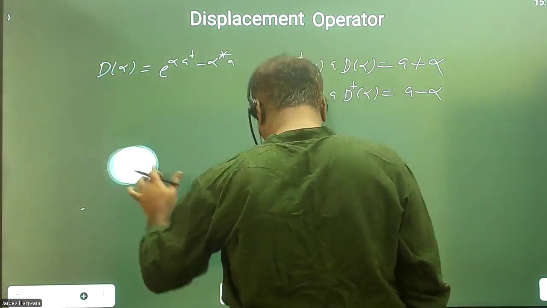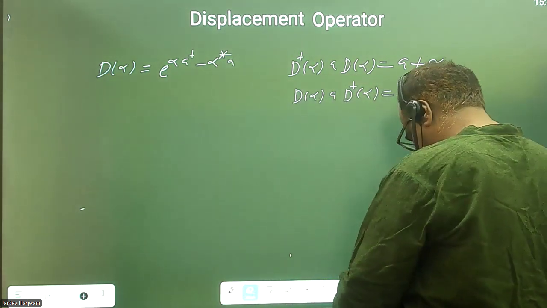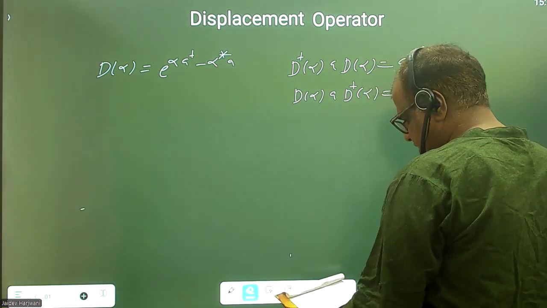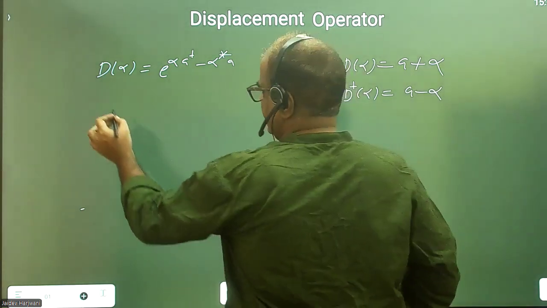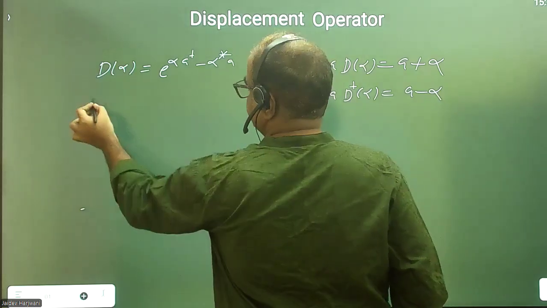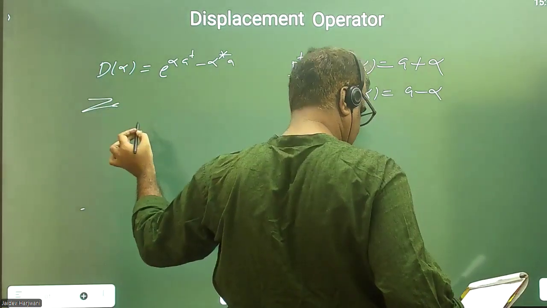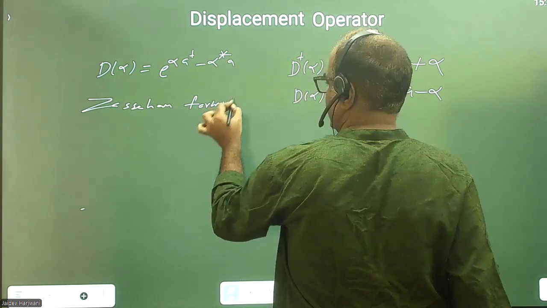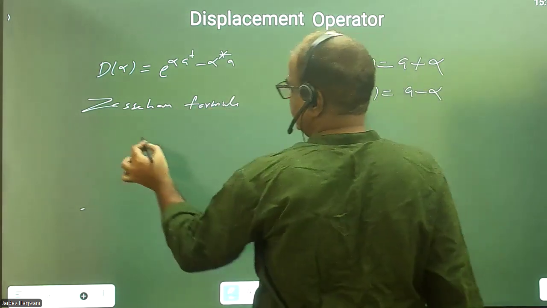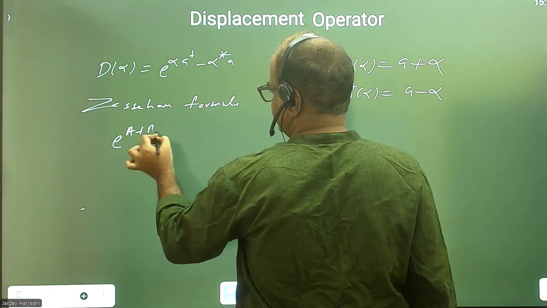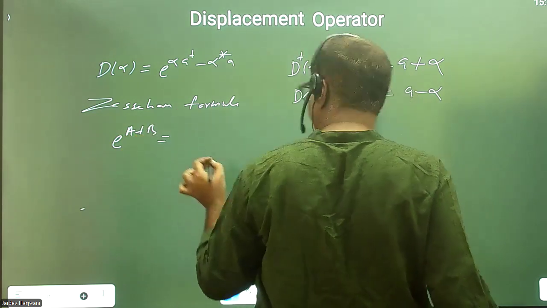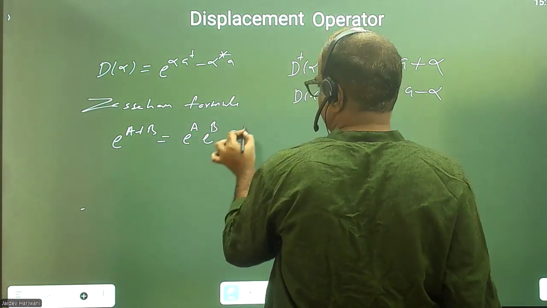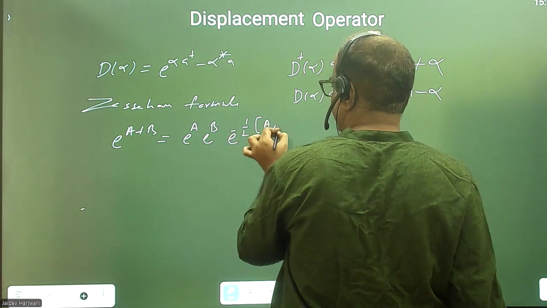And now I use one more formula called Baker-Campbell-Hausdorff formula. This formula says E power A plus B is equal to E^A E^B E power minus half commutator AB.